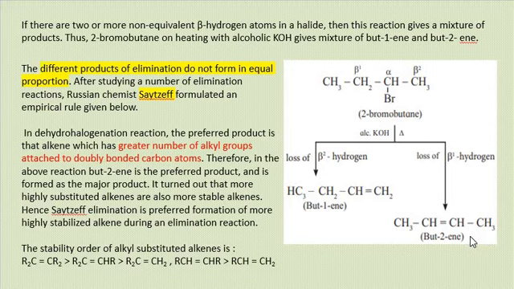It turns out that more highly substituted alkenes are also more stable alkenes. Hence, Saytzeff elimination is preferred, the formation of the more highly stabilized alkene during the elimination reaction. And this is the stability order of alkyl substituted alkenes.